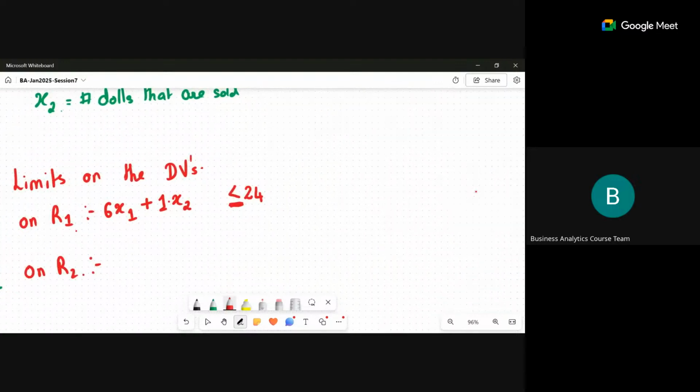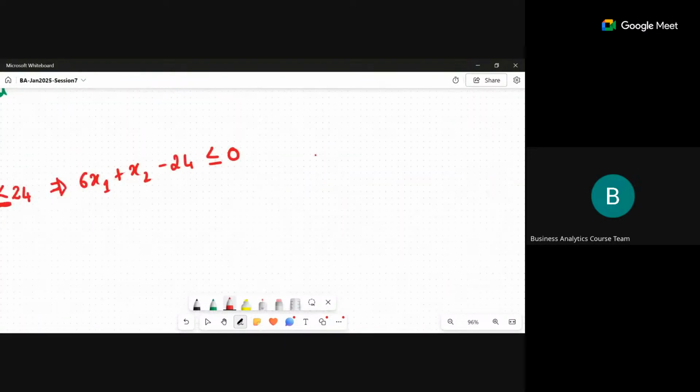This is the same as writing the equation as 6x1 plus x2 minus 24 less than or equal to 0. There is no difference. Bring this 24 to this side and write it. The same equation, I can also write as 0 less than or equal to 24 minus x2 minus 6x1.